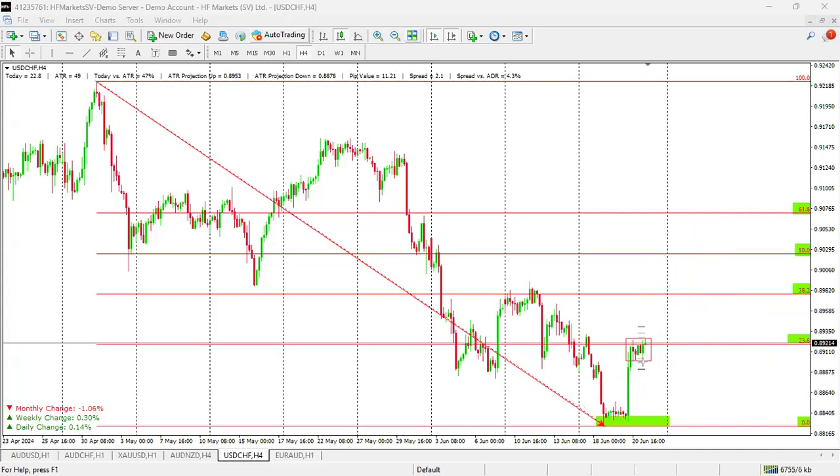Elements of price action include a range around a level, or something like this. Maybe candles like this, and then you begin to form wicks, rejection candles. Rejection candles are also evidences of price action. Or when you see small-bodied candles, which we call dojis in the market, these are evidences of price action.